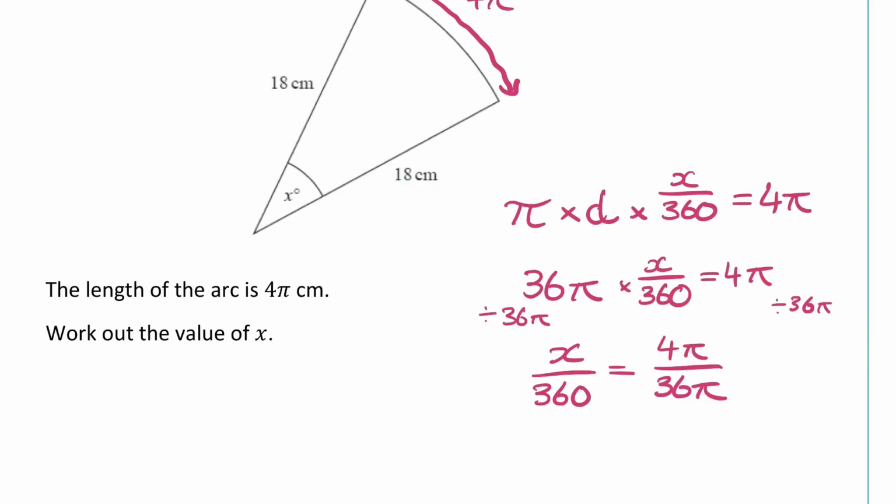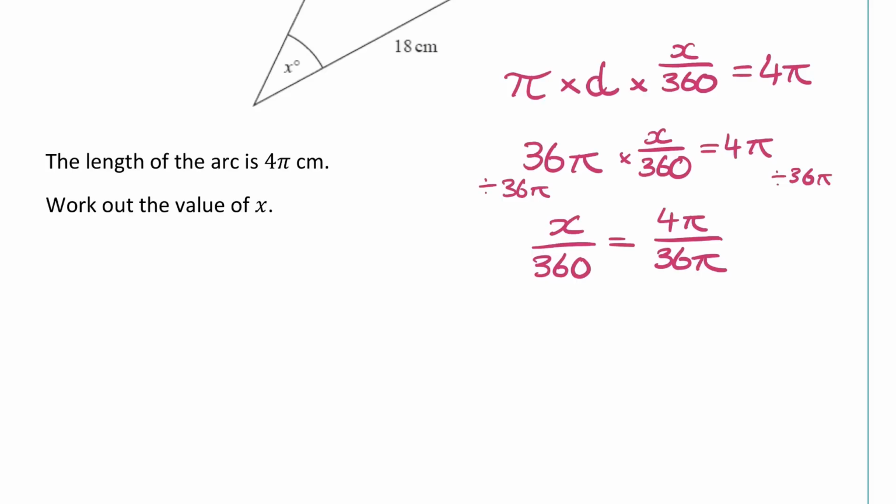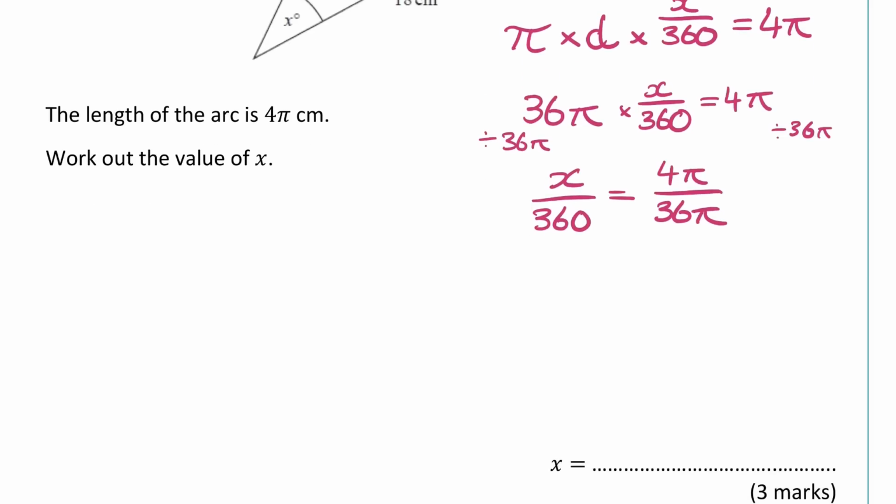We're in a position here where we could think about simplifying that fraction now, because in 4 pi over 36 pi, there's a lot that we can cancel off. In fact, we can divide the top and bottom of this right fraction by 4 pi.